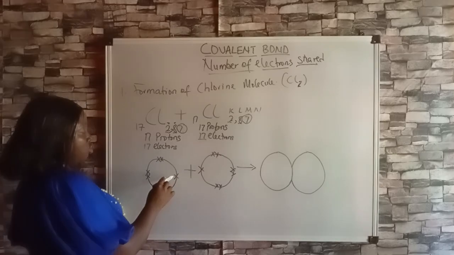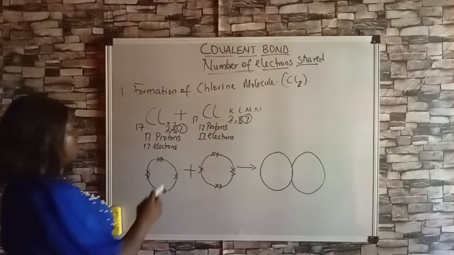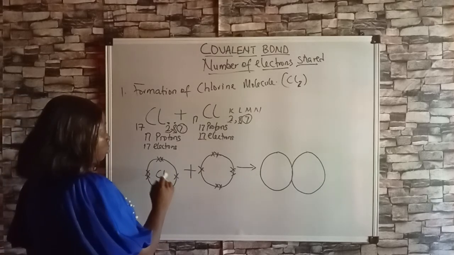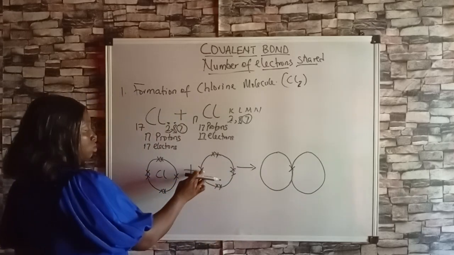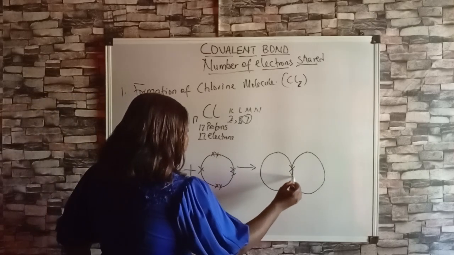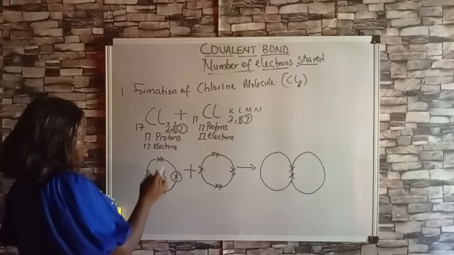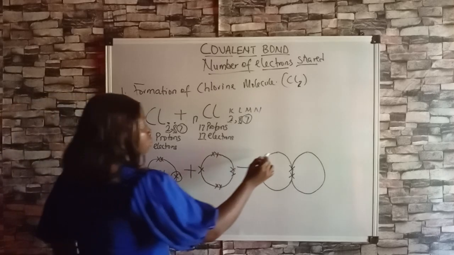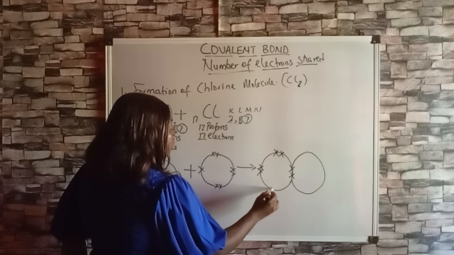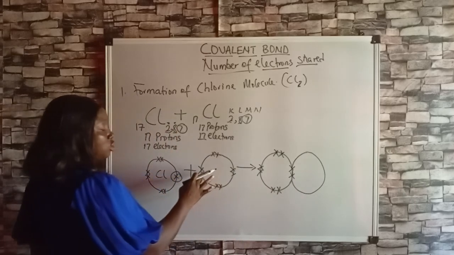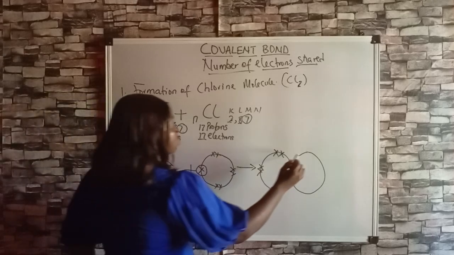Since I need 1 electron to reach an octet configuration, I'll donate 1 electron. So this chlorine atom donates 1 electron for sharing, and this one donates 1 electron for sharing. Remember, when this releases 1 electron, it still has 6 electrons. And the second chlorine atom, after donating 1 electron, still has 6 electrons.